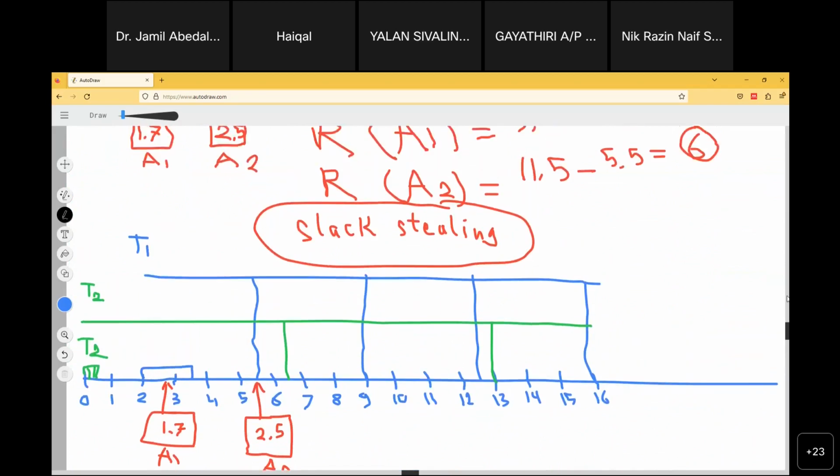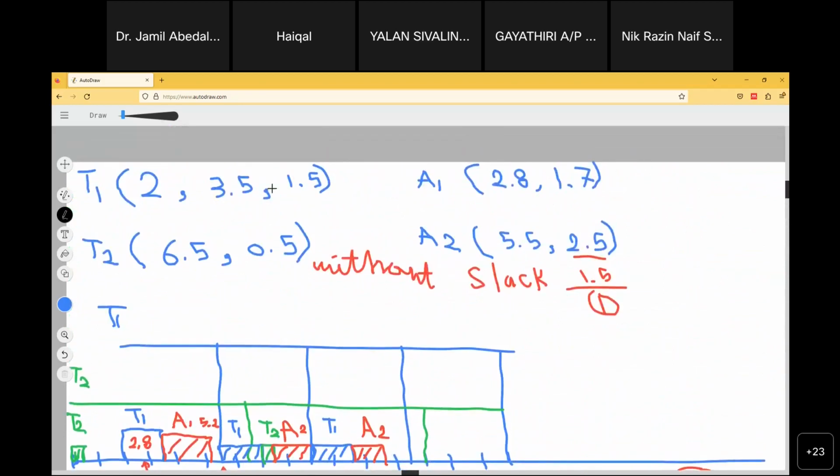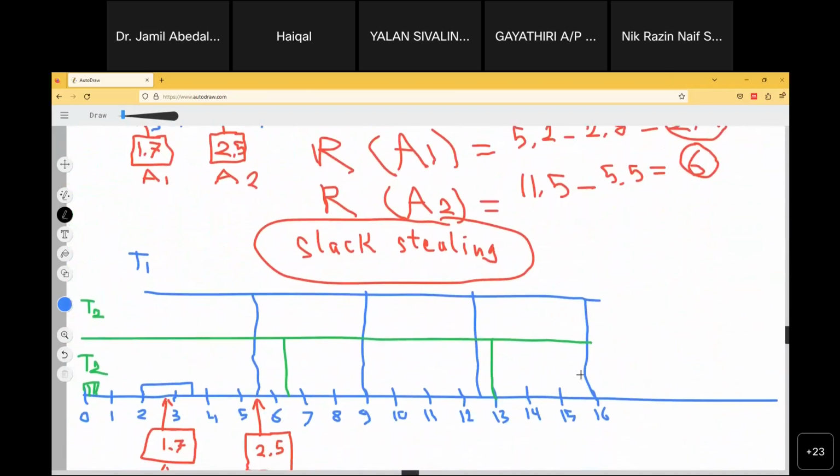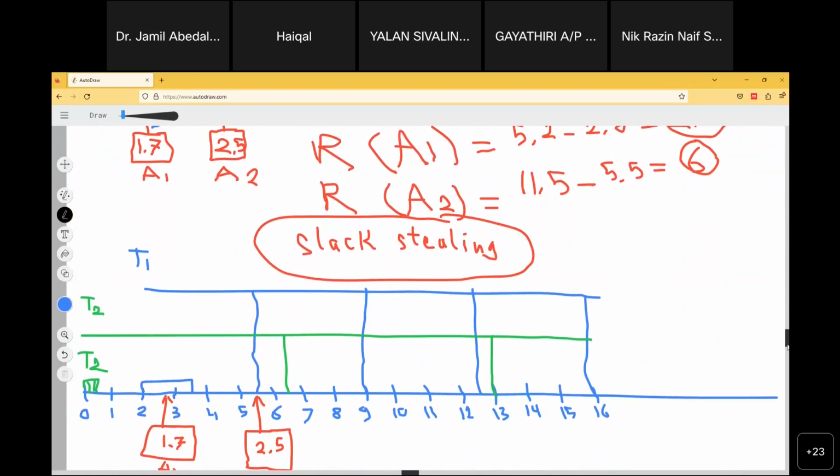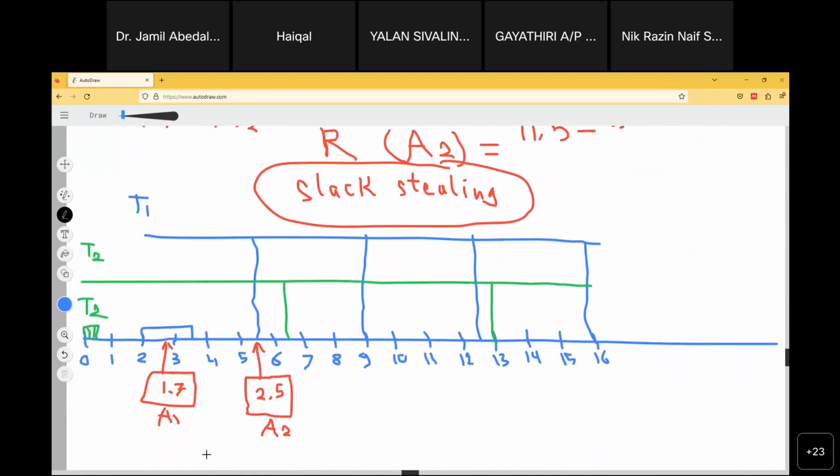We need to execute 1.5 unit of task 1. Can we execute the 1.5 here? Yes, sir. That's Tommy. Everybody agree with Tommy?